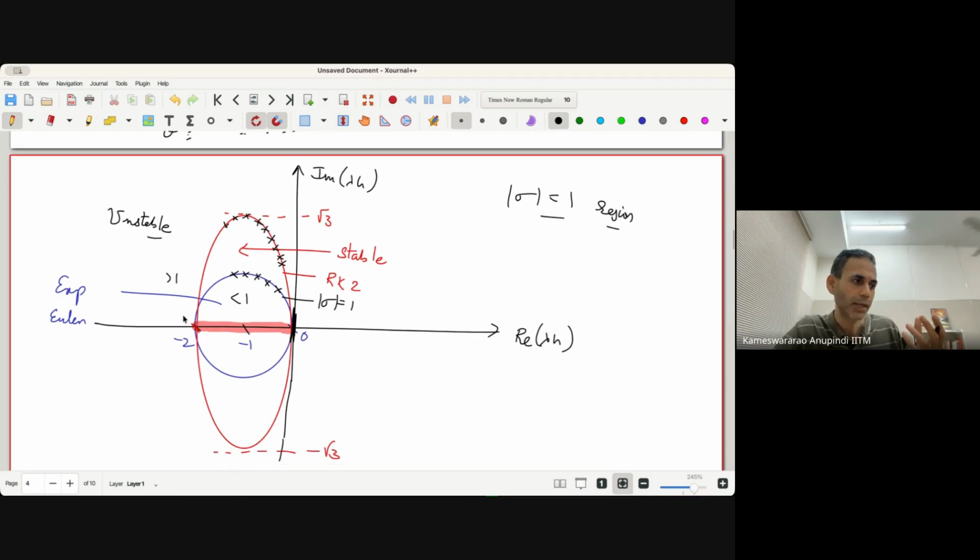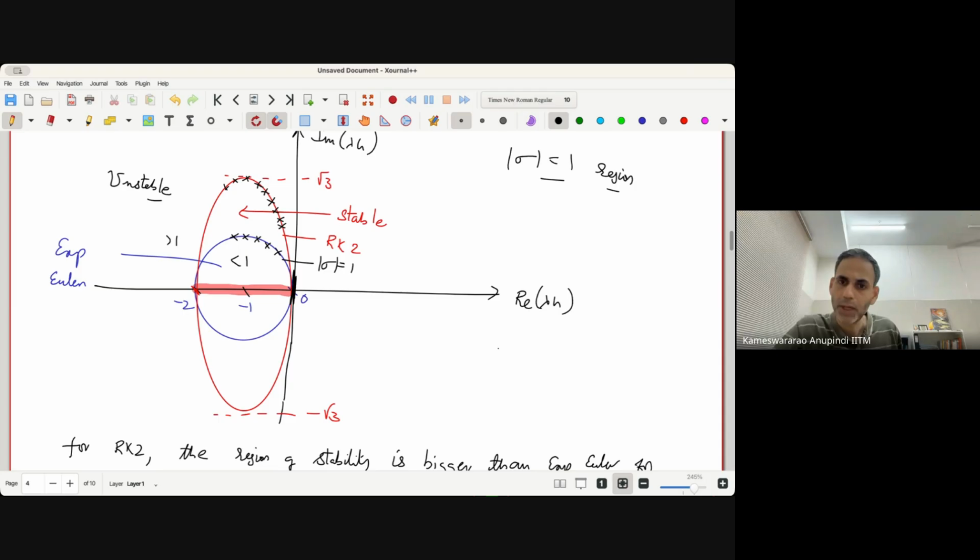Think of it like a quantity. Even if you take this one, we have 1 plus lambda h plus lambda square h square by 2, right? Now, wherever this quantity is equal to 1 in magnitude, that is the stability region, because this is my sigma. If mod sigma equals 1, that is the stability curve. Anything more than that is outside this curve, and anything less than this is inside the curve, right? So that's why I've taken it to be 1.